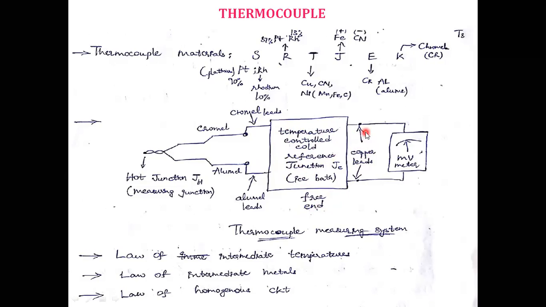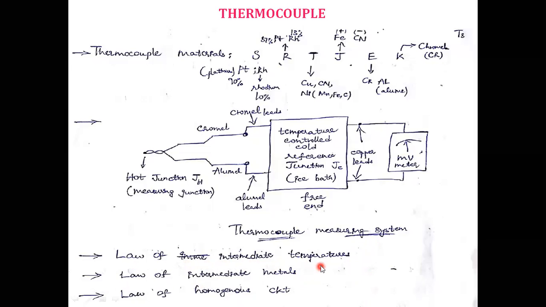These two copper leads are connected to a millivolt meter. We can measure the temperature in terms of voltage by using this thermocouple. There are different thermocouple measuring laws: the law of intermediate temperatures, the law of intermediate metals, and the law of homogeneous circuits.